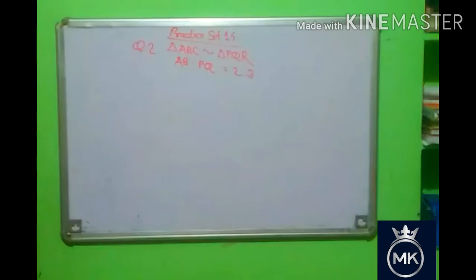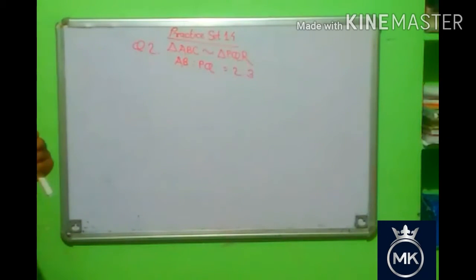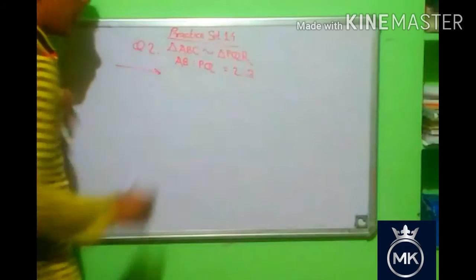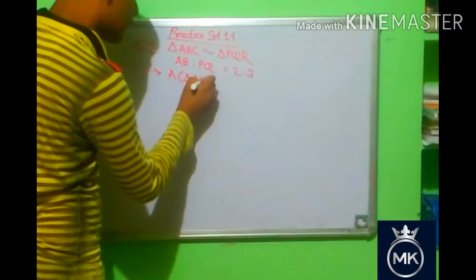We have to find the ratio of the areas of both triangles by completing the activity and filling in the blank boxes. So friends, it is given like this, filling the blanks or boxes.